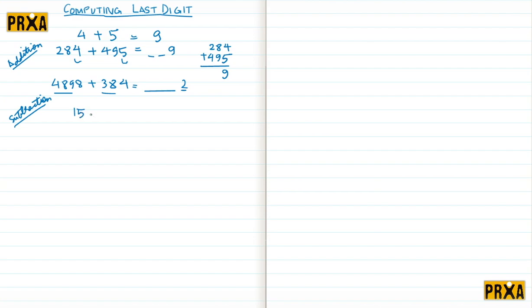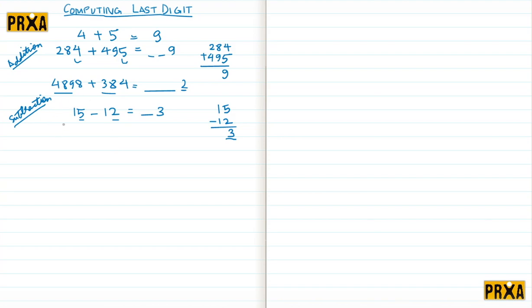Let's say I were to subtract 12 from 15. In a traditional subtraction, I would write 15 here and 12 here, and when I subtract, the units digit of this computation is only 5 minus 2, which is 3. I don't care what happens in the other places. So just like in addition, I would just subtract a 2 from a 5 to get 3 in the units place, because I'm meant to find only the last digit.